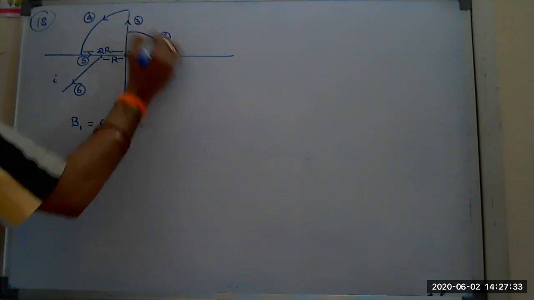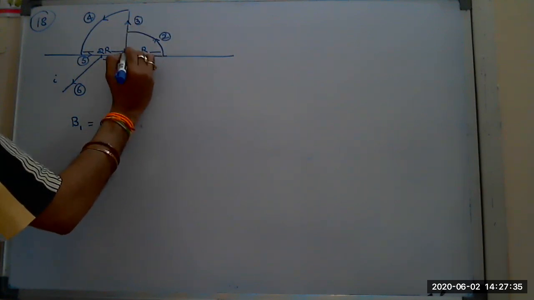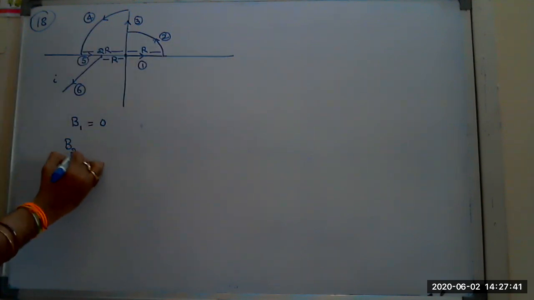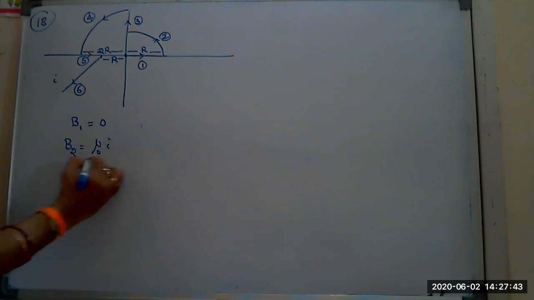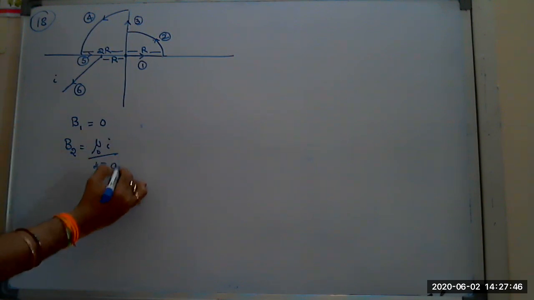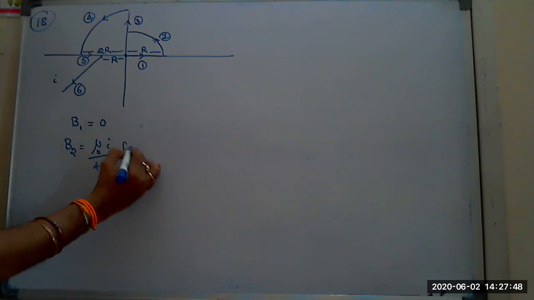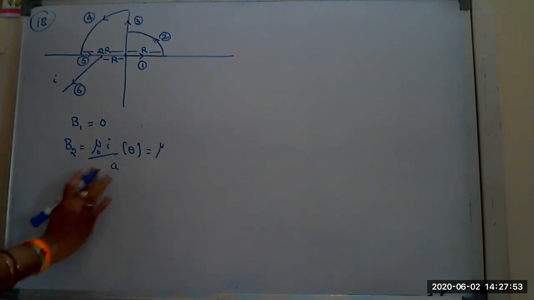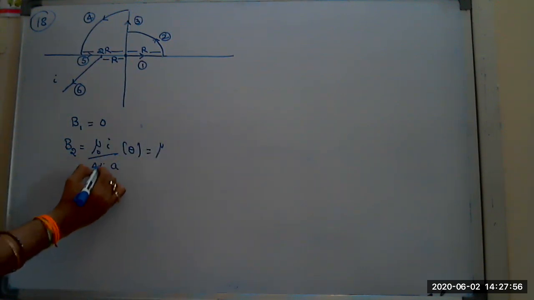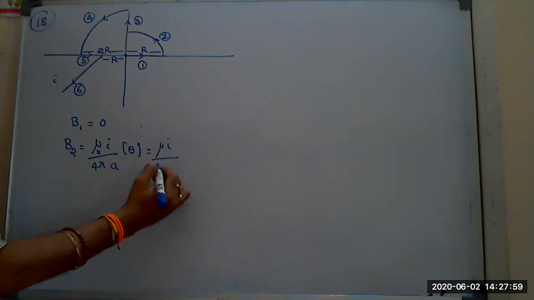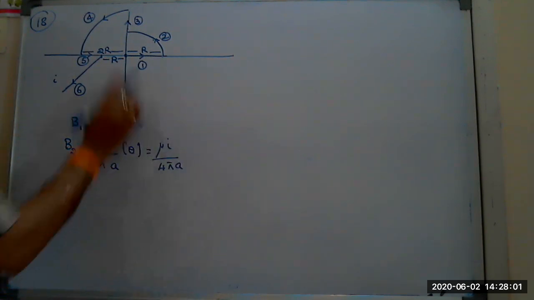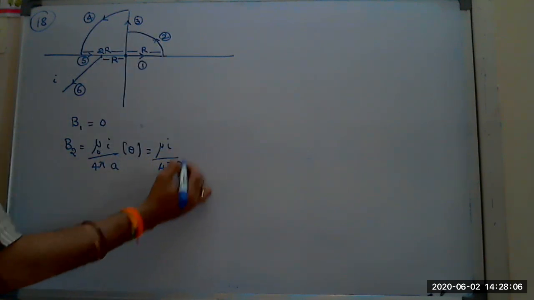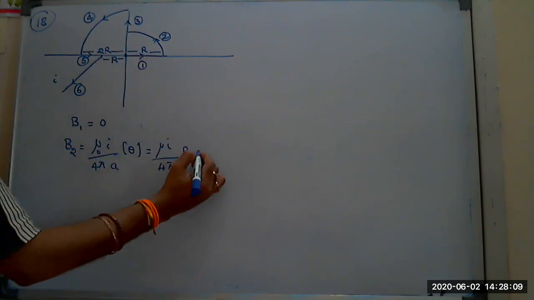The second part is exactly a quadrant circle, angle 90 degrees. Just now in problem number 5, I told that the magnetic field due to it is mu naught I by 4 pi A into theta, where A is the radius. The radius is given as R. So mu naught I by 4 pi R into theta, and 90 degrees is pi by 2.